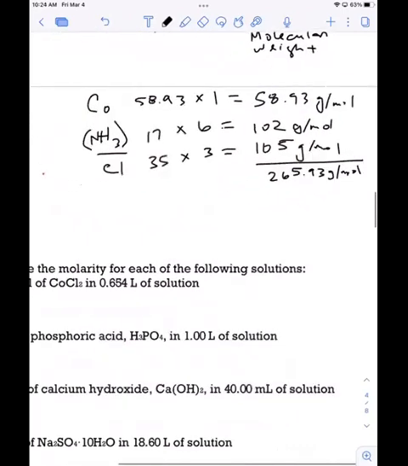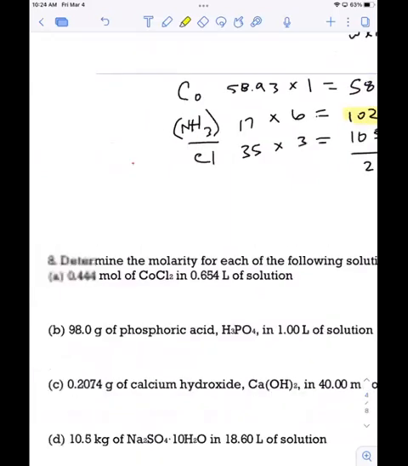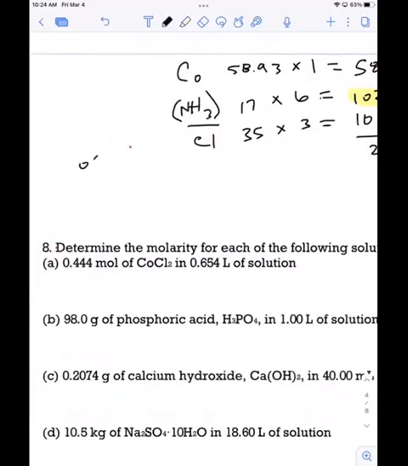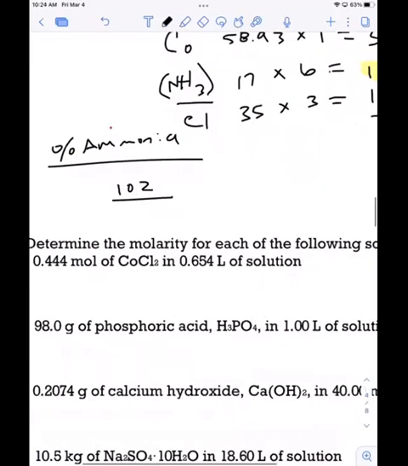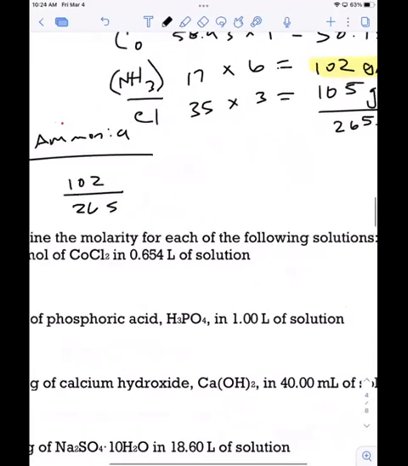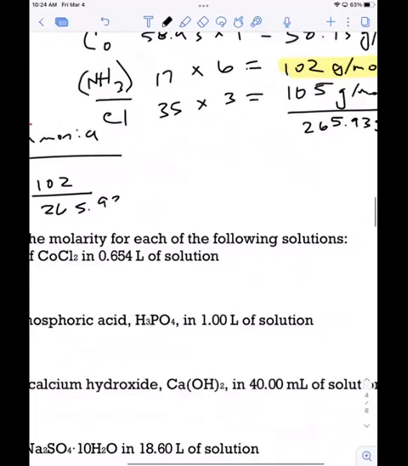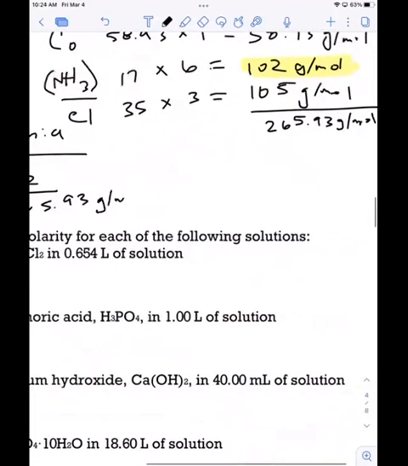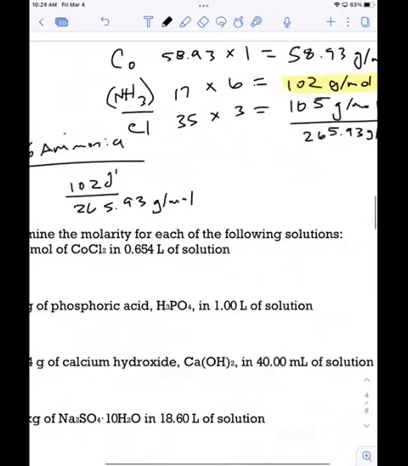So now if we want the percentage of ammonia, what do we need to do? We need to take this number and divide it by the total, right? So the percent ammonia is going to be 102 divided by 265.93 grams per mole, and this is also in grams per mole, so those units are going to cancel out.